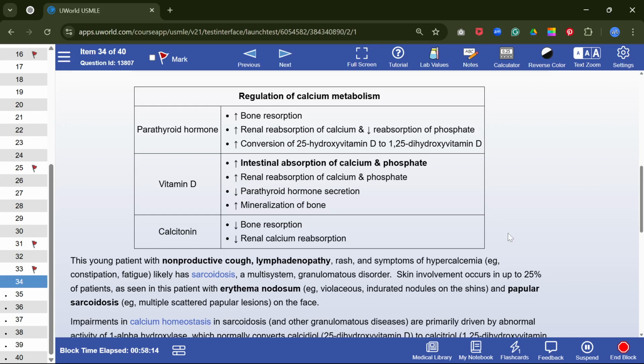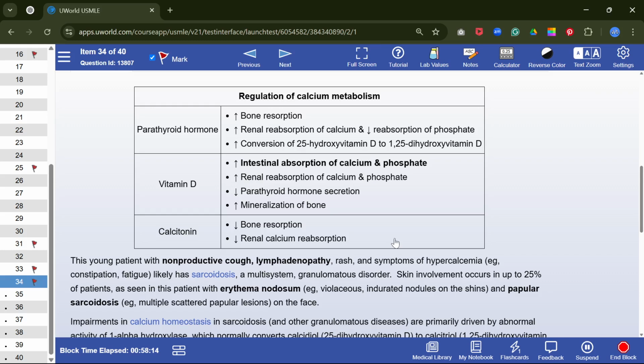This young patient with non-productive cough, lymphadenopathy, rash, and symptoms of hypercalcemia, constipation, and fatigue likely has sarcoidosis, a multisystem granulomatous disorder.